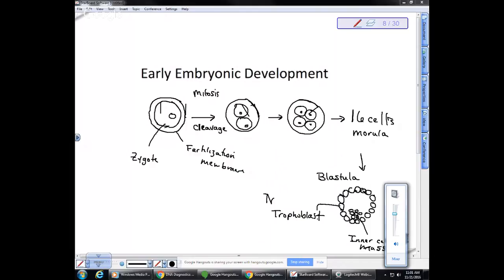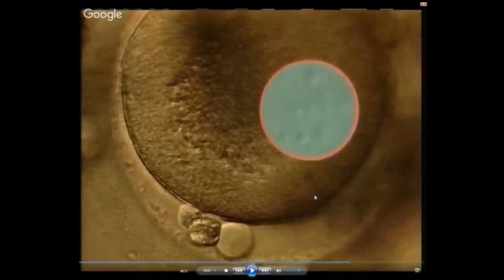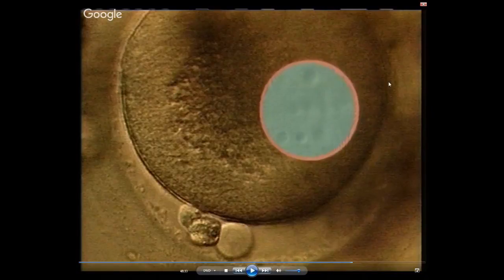So remember again, this is the oocyte, right? This is the membrane that's surrounding it. These are the polar bodies. And here we see that this is the sperm nucleus. And what I'm looking for is that fast block. So let's see if I can back it up a little bit more.